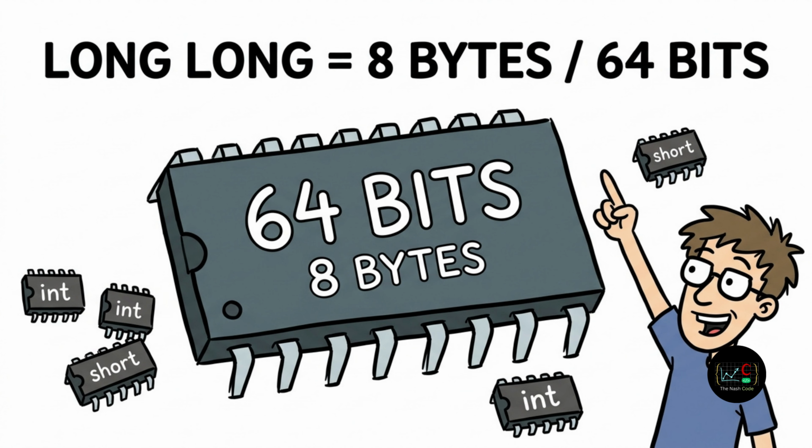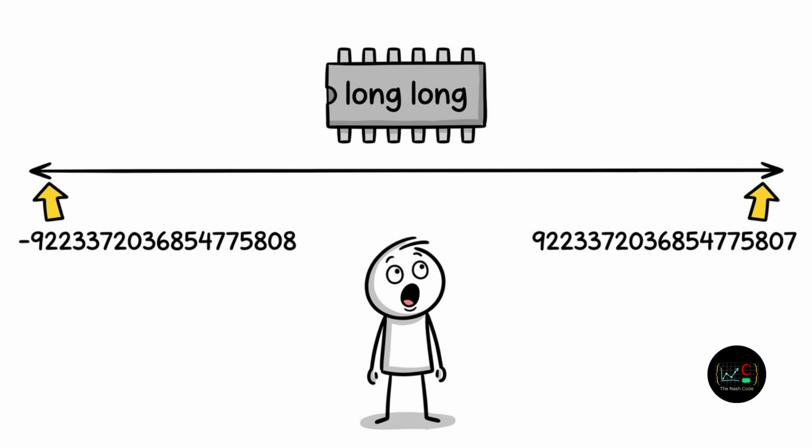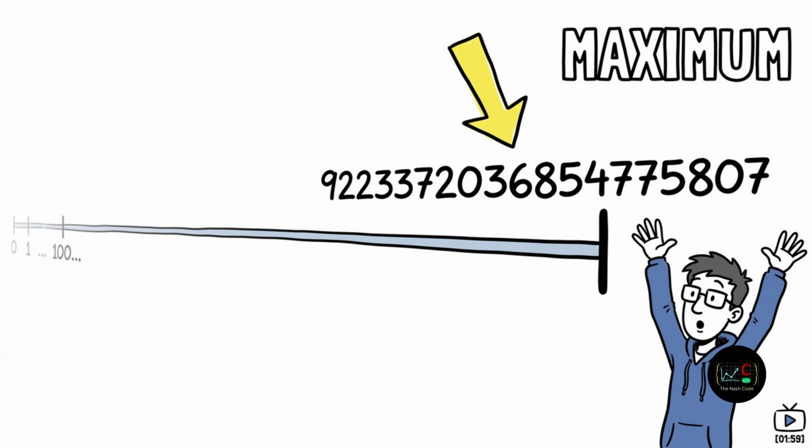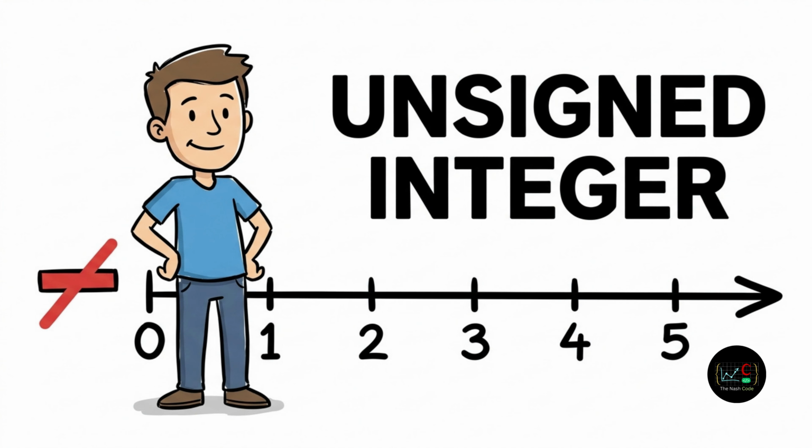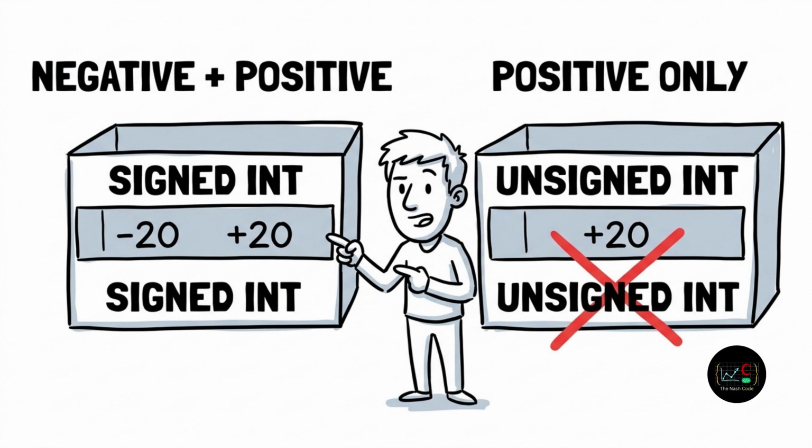Long long is commonly 8 bytes or 64 bits, and typically ranges from -9,223,372,036,854,775,808 to 9,223,372,036,854,775,807.